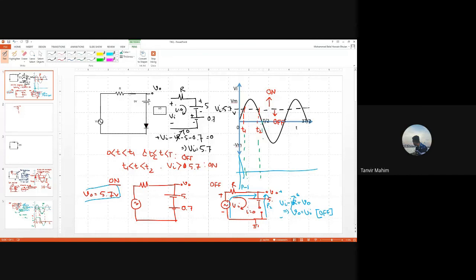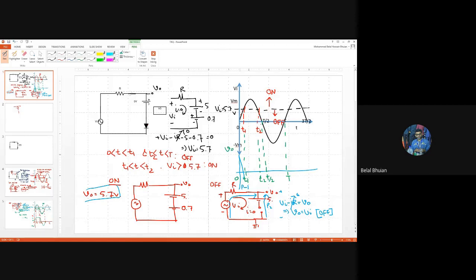Let's see how it looks. So 0, T1, T2, T by 2, capital T. Input and output are on the same time scale. And this is our V naught output waveform.